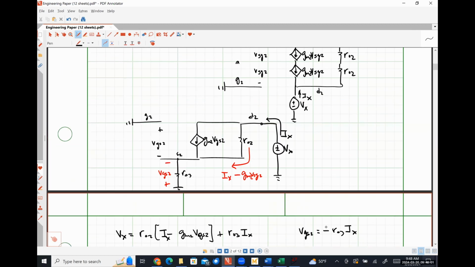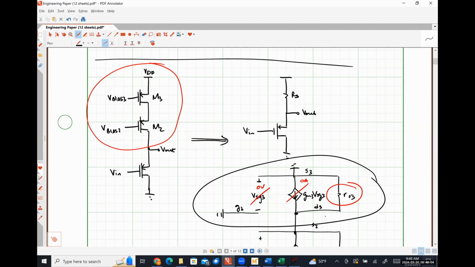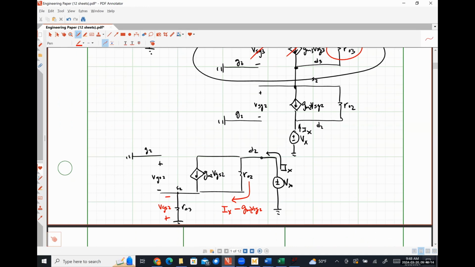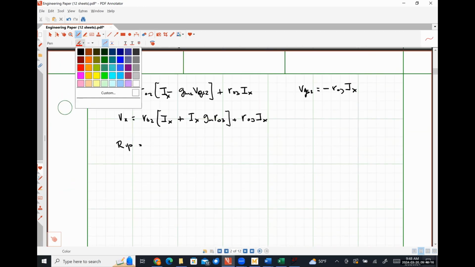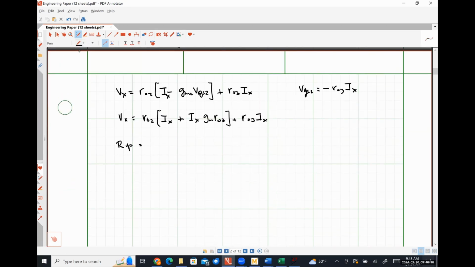Let me explain what I mean by that. We went back to our original circuit diagram. That's the resistance that I see looking up. Or we could call it RS effective or whatever we want to.